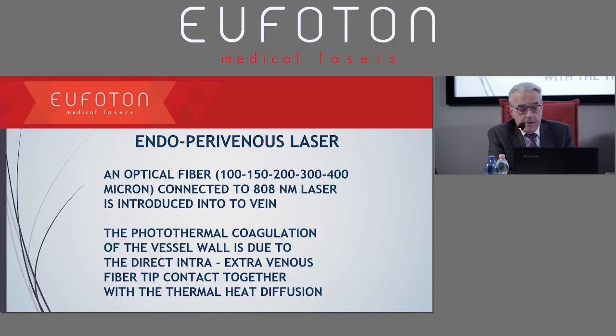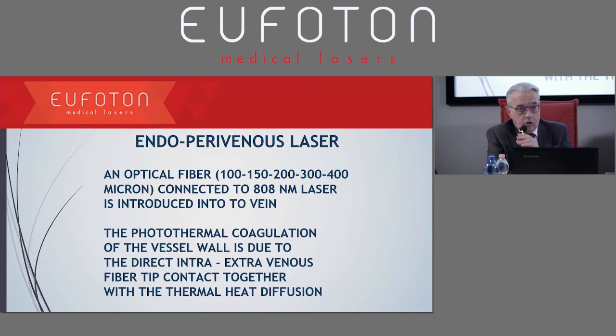As you've seen before in the previous slide with the animation, we introduced this optical fiber 100, 150, 200 microns up to 300 for collateral veins, and we connect it to a 808 laser.